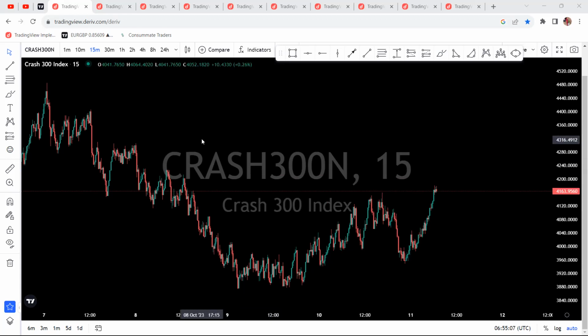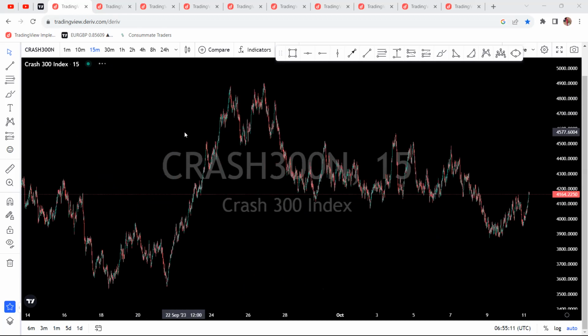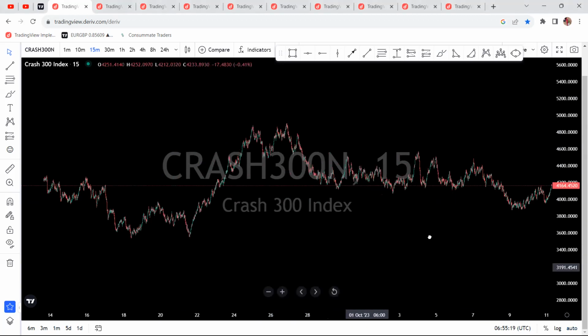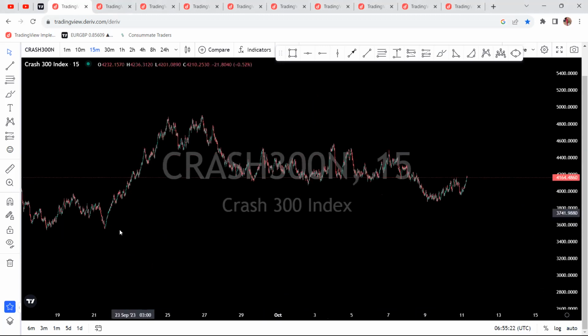All right, so let's check on this Crash 300. Obviously, we know that on a bigger time frame, Crash 300 has been correcting for a very long time. If you can see it very well here, this is a corrective structure. All these things are corrective structures. So we are looking forward to seeing this market push up.